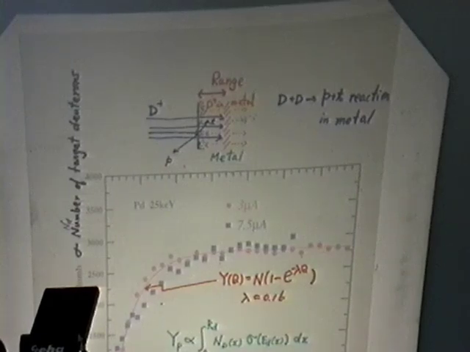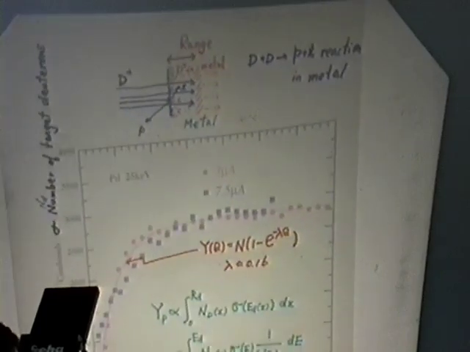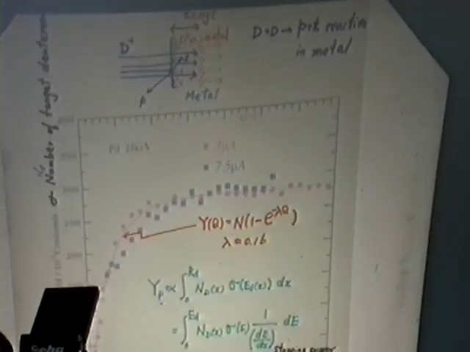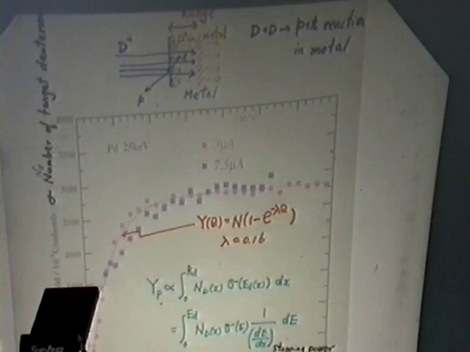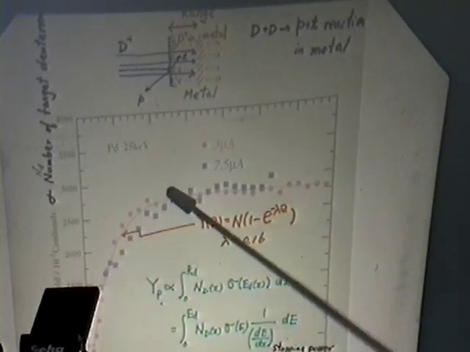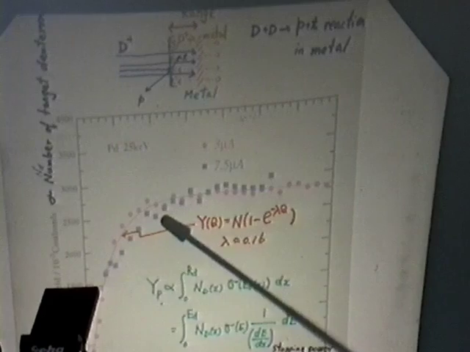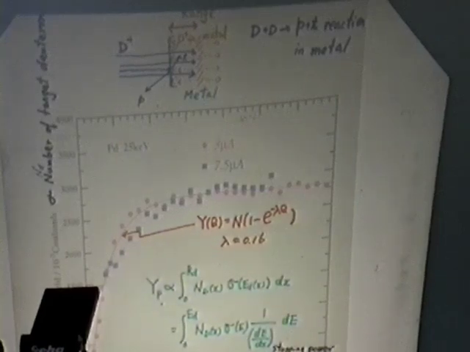So what I'm showing here is the proton yield versus time. If you are putting the deuteron continuously, I mean almost a constant value of deuterons, then it is just going down. So this shows the concentration of our target deuterons.